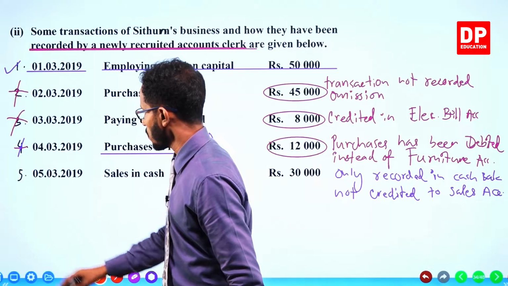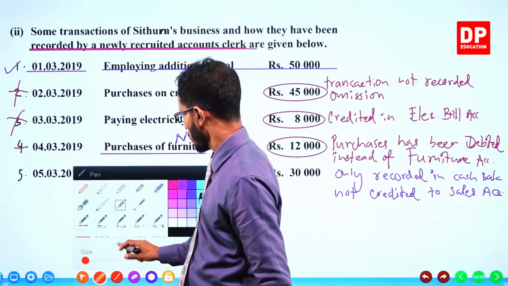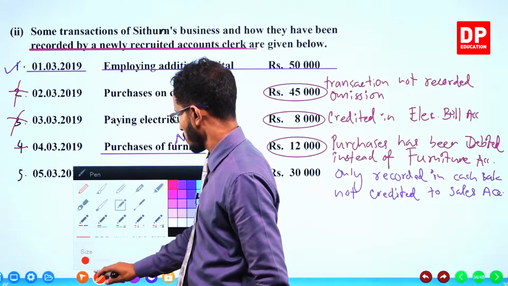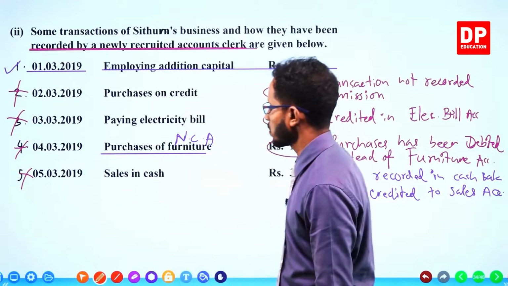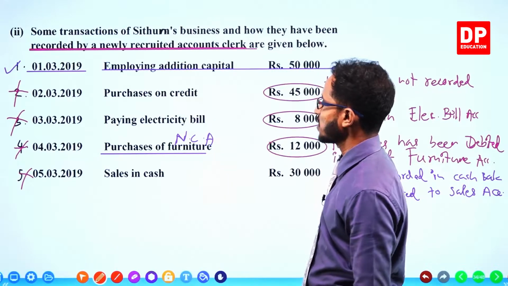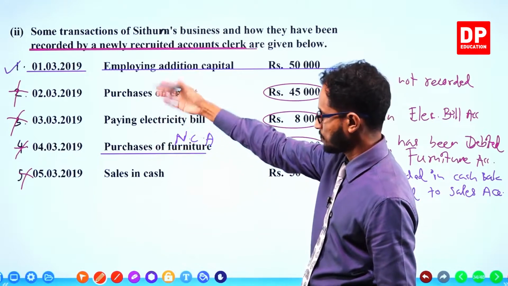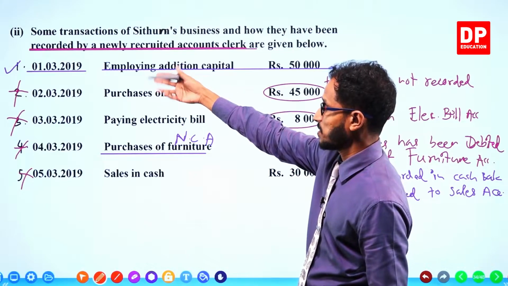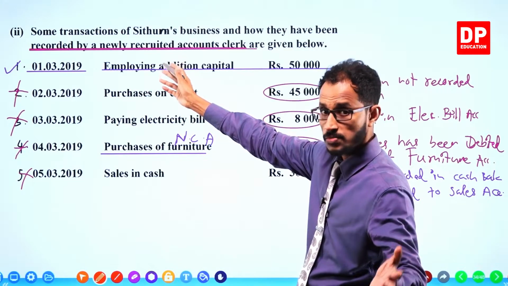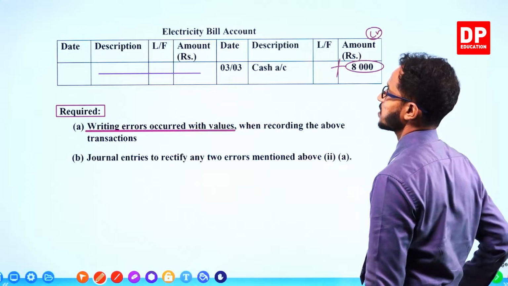This is also wrong. This is wrong too. Last 2, 3, 4 and 5. All the last transactions except the first transaction are wrong. Let's go and see what the question is asking us to do.